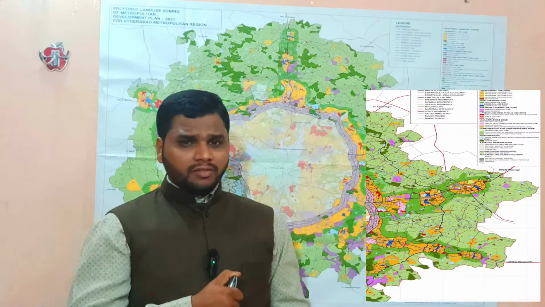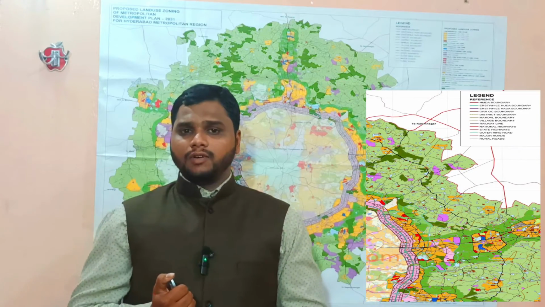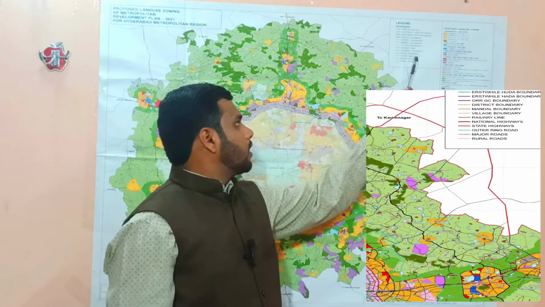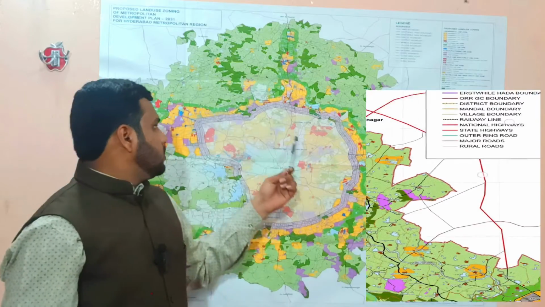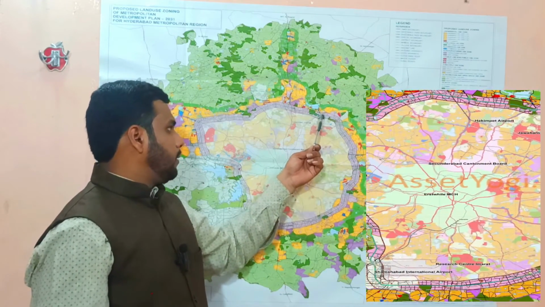So use this legend reference to identify the various road and railway line networks. As you can see in the light blue color, that is the ORR, the Outer Ring Road. This is our Outer Ring Road surrounding Hyderabad, along with the light pink color, also known as the growth corridor.